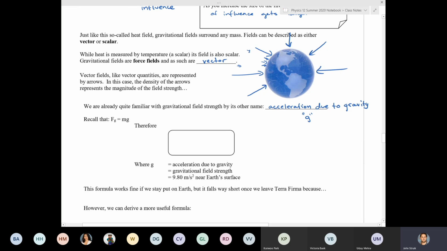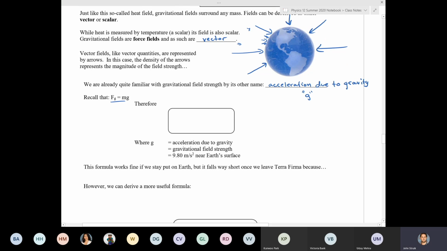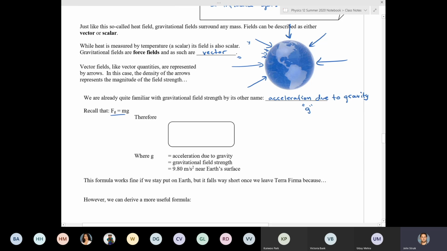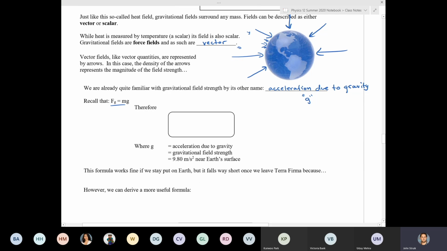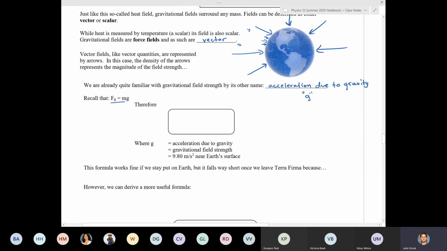Now remember that Fg equals mg, but because we have this new formula, hang on. I can't remember where this is supposed to be either. Acceleration due to gravity, gravitational field strength. Oh yeah, okay. So if Fg equals mg, then g will equal Fg over m.